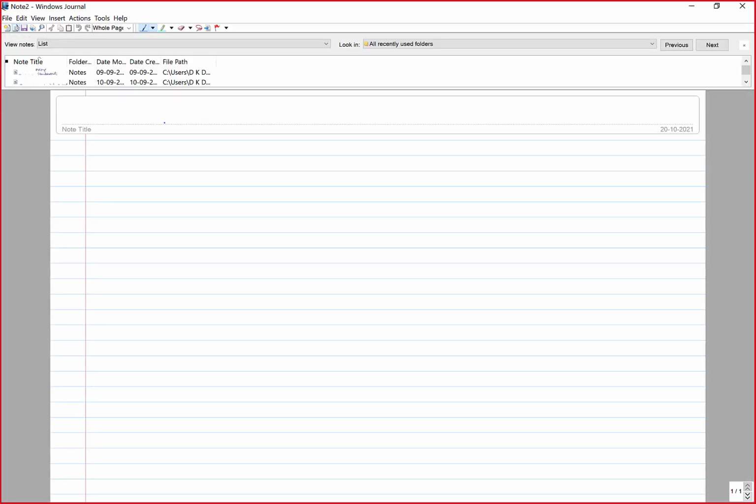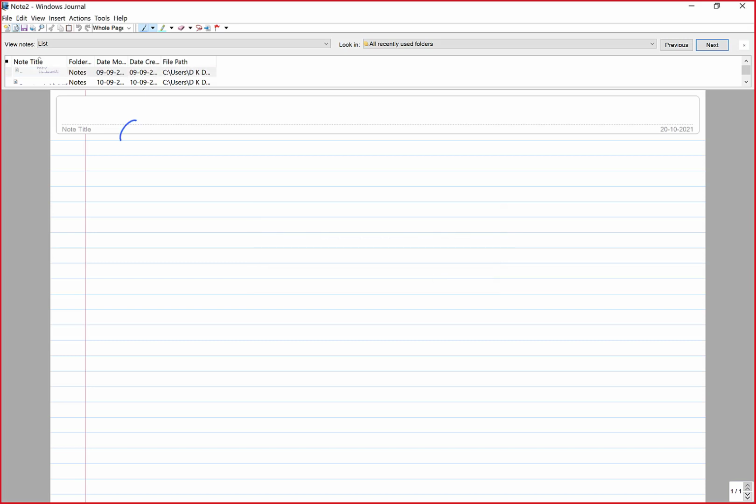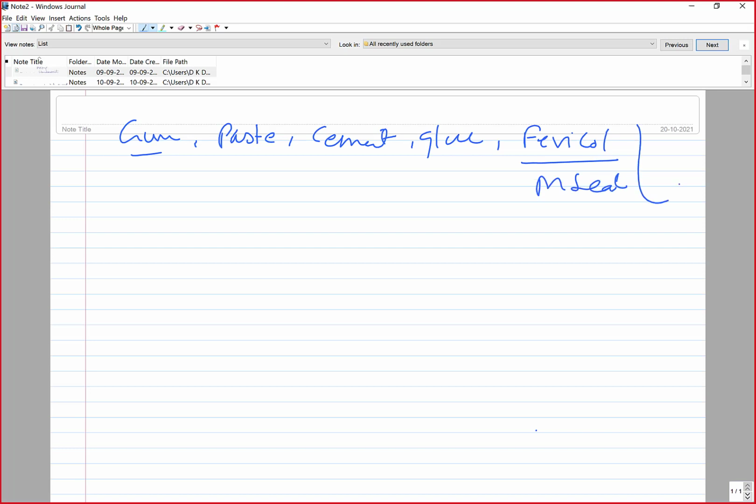If you want to see typical adhesives, just like gum, paste, or even cement, glue, all these are commonly used. You must have heard of Fevicol or M-Seal, and a number of other commercial adhesives are available.